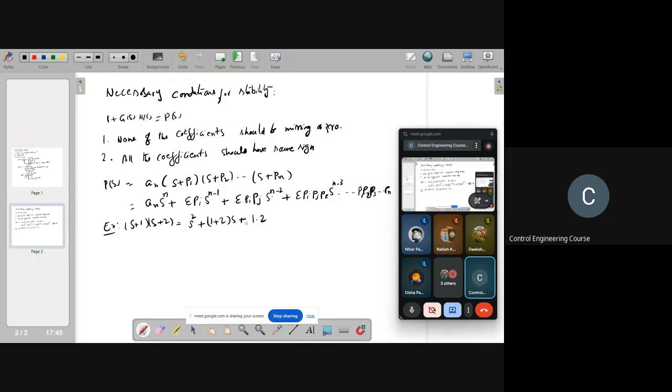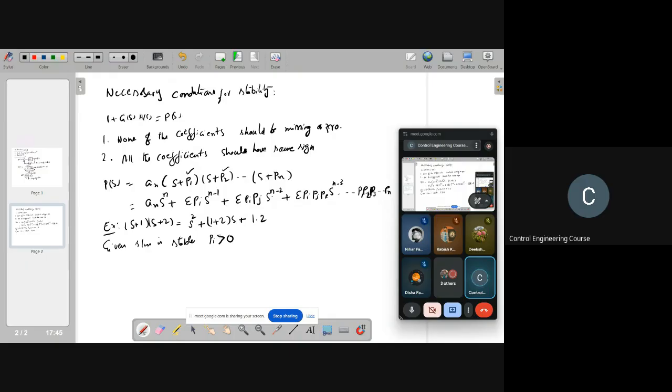So, given that the system is stable, that means the Pi's are strictly greater than 0.